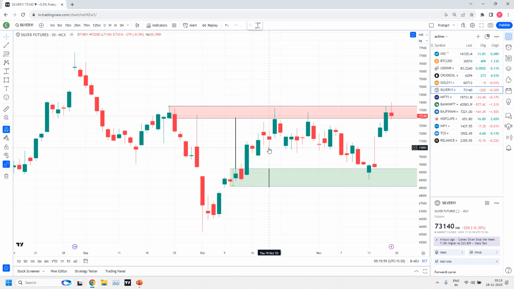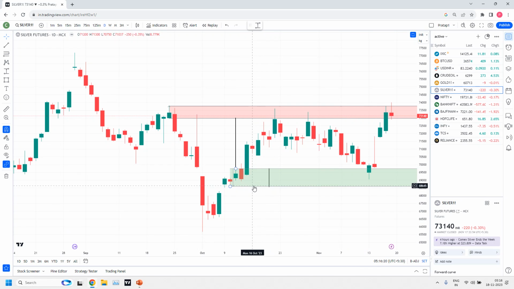Every time when you calculate, take a paper, note down the name of the stock and note down what is the risk, what is the reward, and what is the risk reward ratio, 1 is to 2 or 1 is to 3. And what is your entry value, what is your target value, and what is your stop loss value.